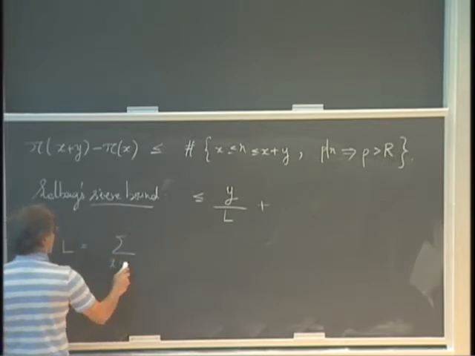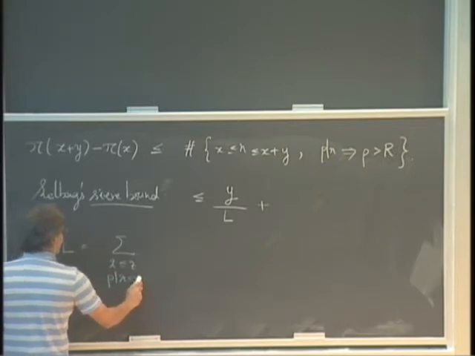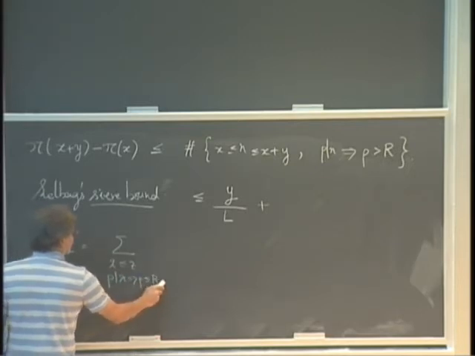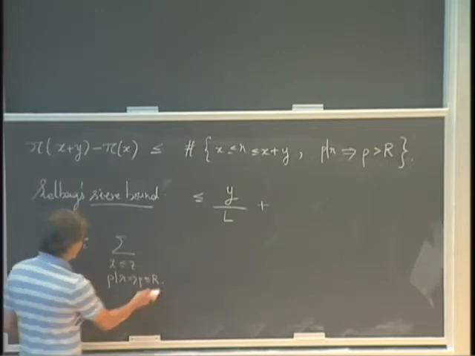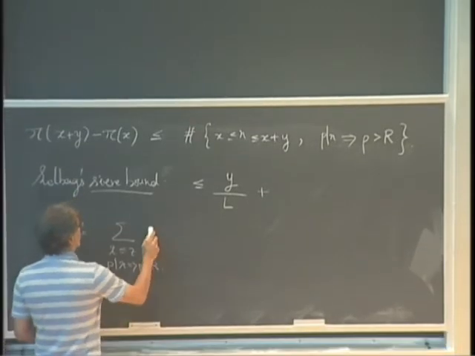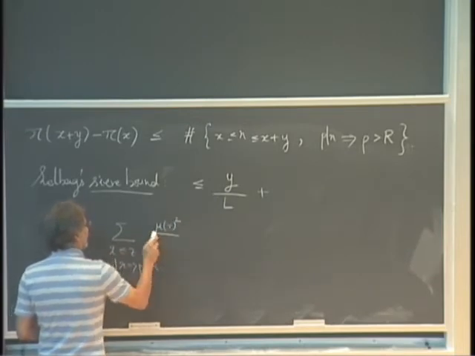R less than Z, P divides R implies P bigger than R, less than R. Supported only on numbers all of whose prime factors are less than this number capital R. And then something like mu of R squared divided by phi of R.